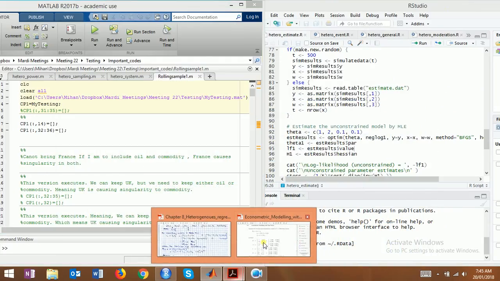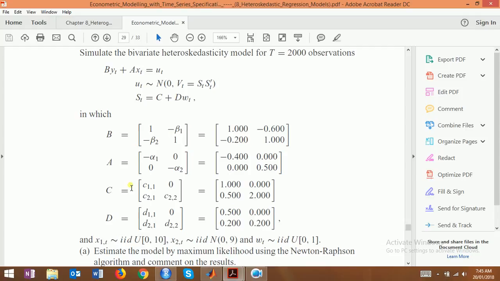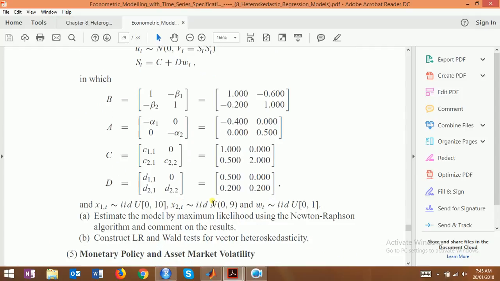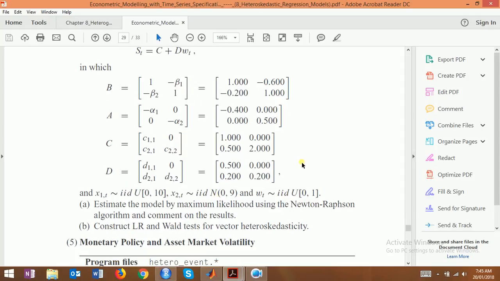So B, A, C, D, the values are given to us, okay, where X1 is uniform distribution, X2 is normal distribution, and omega is uniform distribution. So 0, 10, 0, 9, estimate with maximum likelihood using Newton-Raphson, construct LR and Wald test.